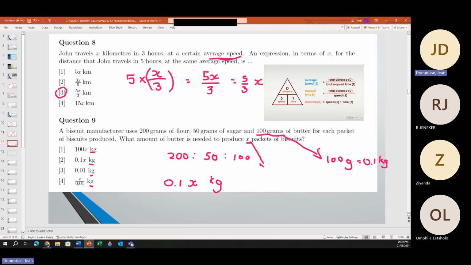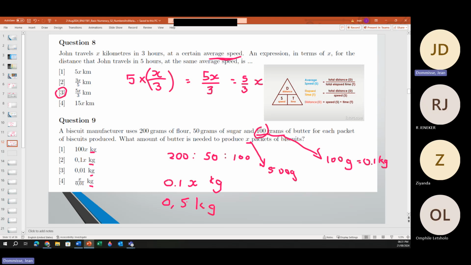Again, I like to add in numbers. If we needed to produce 5 packets, each packet at 100 grams, I need 500 grams for 5 packets. 500 grams is then equal to 0.5 kilograms. So half a kilogram.